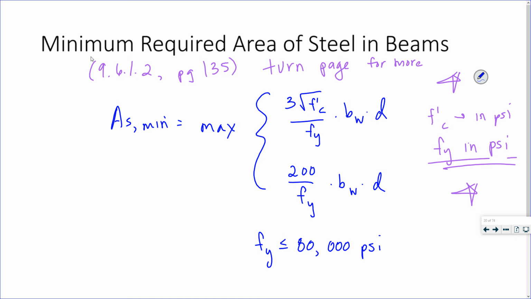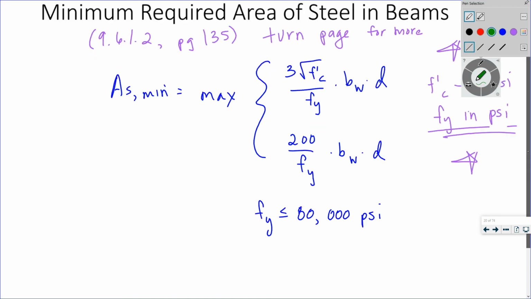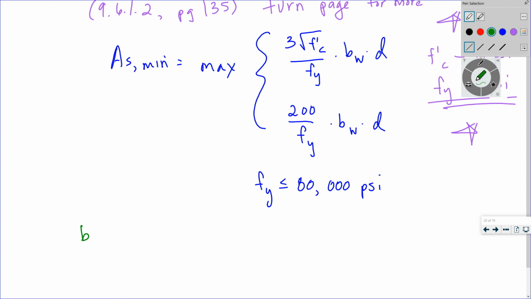BW is the width of your section. There's commentary in there about what to use for your BW.